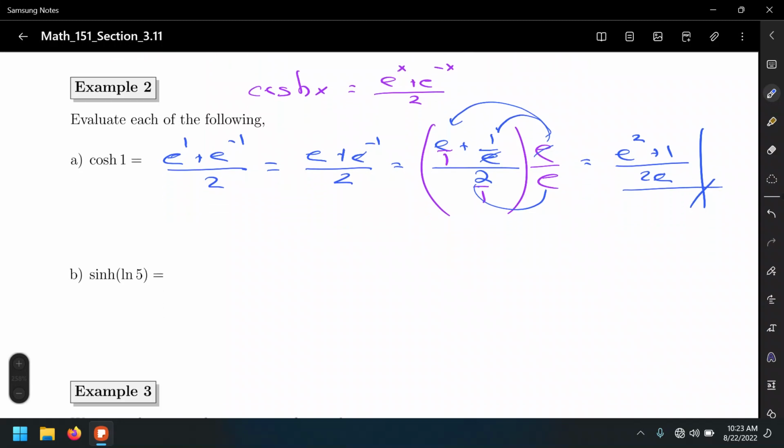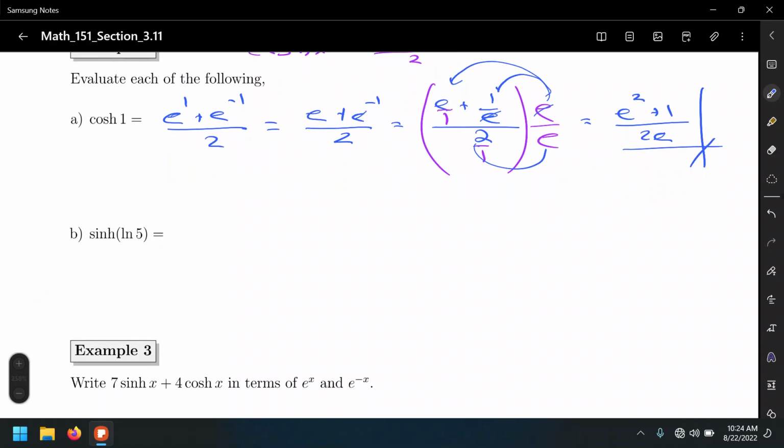All right, let's move on to the next one. What do we have? We have a composition of a hyperbolic function and a logarithmic function. At the beginning it looks a little bit complicated, but trust me, it's not as bad as it looks.